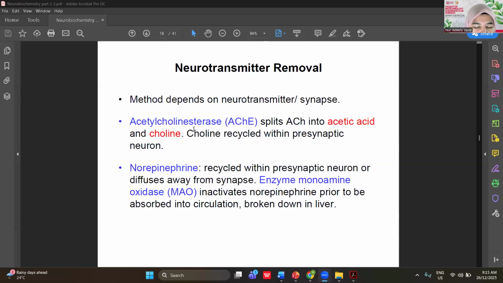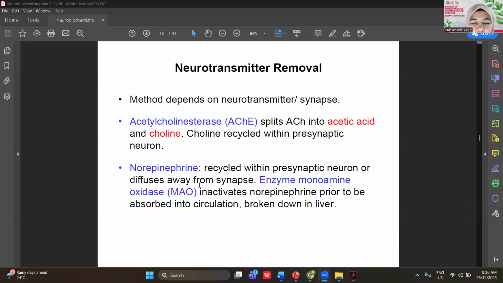One is by this enzyme acetylcholine esterase, which breaks down acetylcholine in the synaptic cleft. So it produces acetic acid and also choline. This choline will be recycled and transported back into the presynaptic neuron, where it is going to combine with acetyl-CoA to synthesize new acetylcholine.